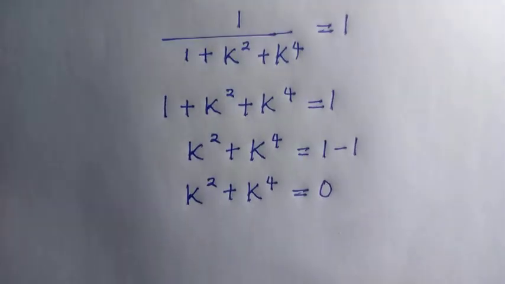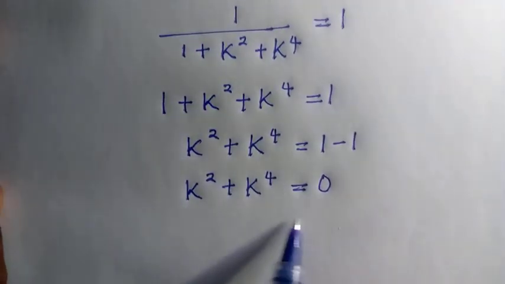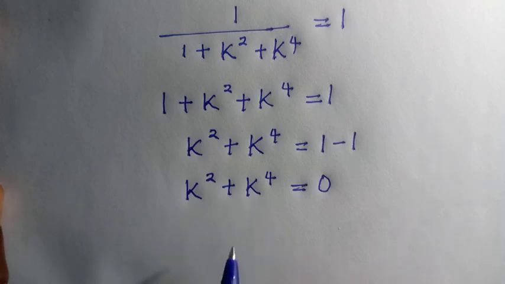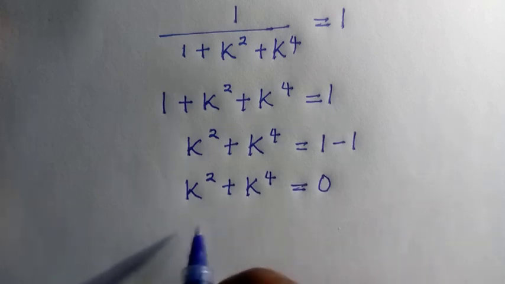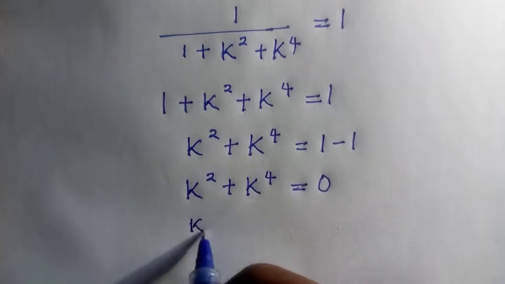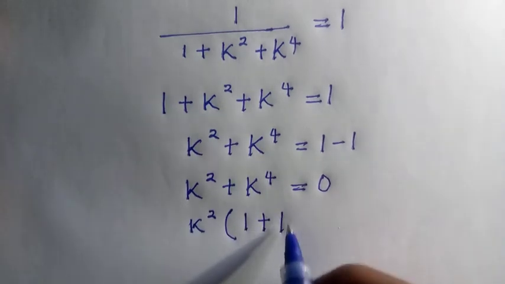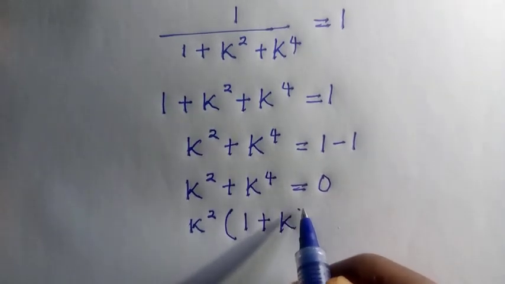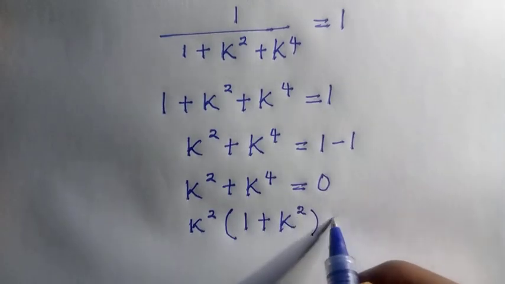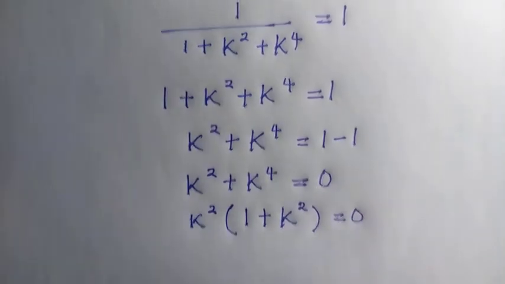To get the values of k, we have k squared and k to the power of 4, so we factor out k to the power of 2 again. Here remains 1 plus k to the power of 2, then everything equals 0.